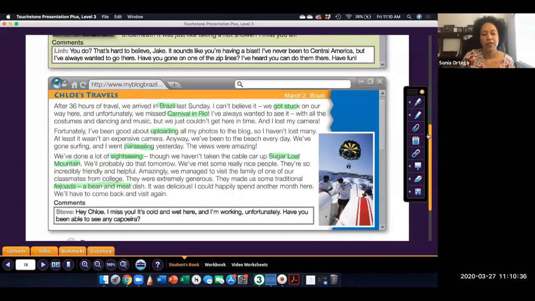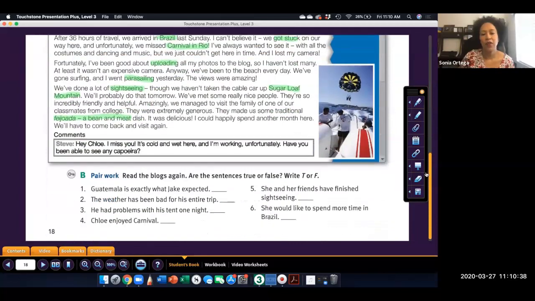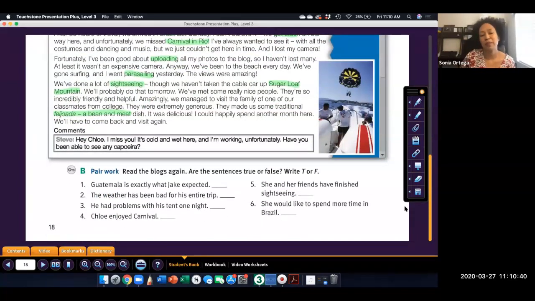Okay, so underneath is a true false. Take a moment to look back at the blog post and choose your answer for true or false. Okay, so let's start. Number one, the answer is false.